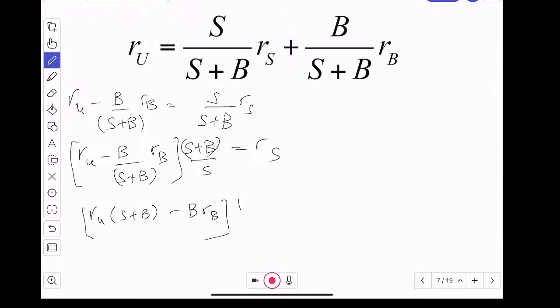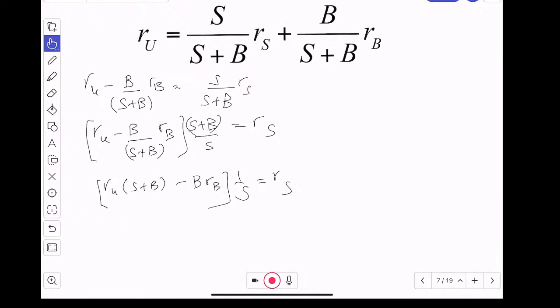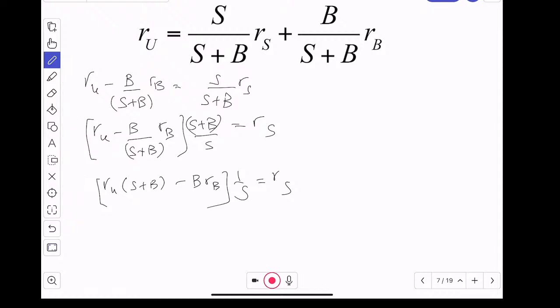But I'm going to leave the 1 over RS for now. Then I'm going to distribute this among RU. So this is going to be SRU plus BRU minus BRB. And finally, I'm going to group together these terms.